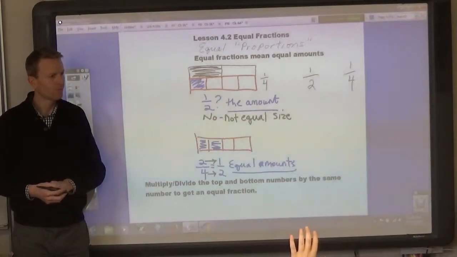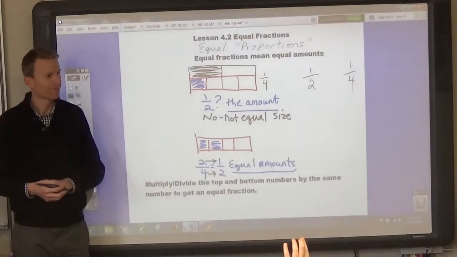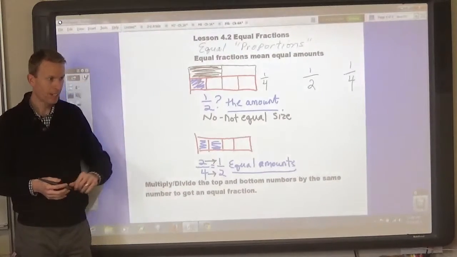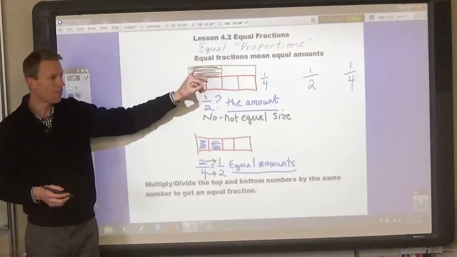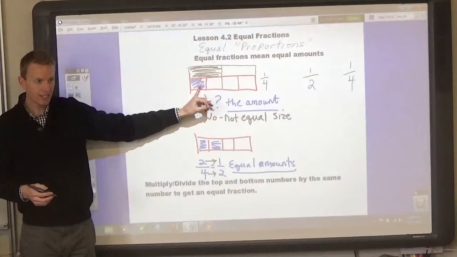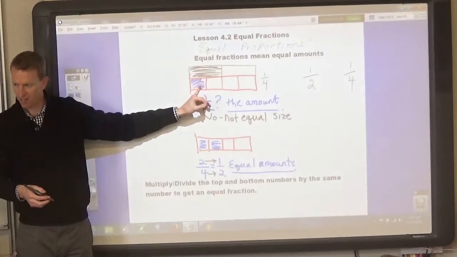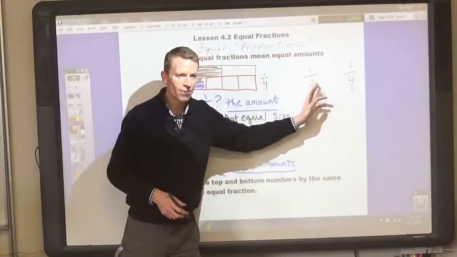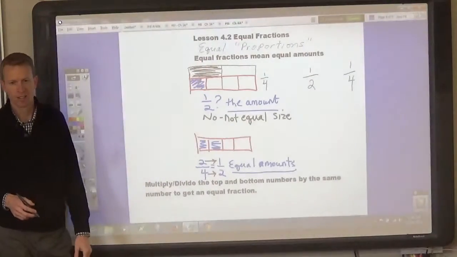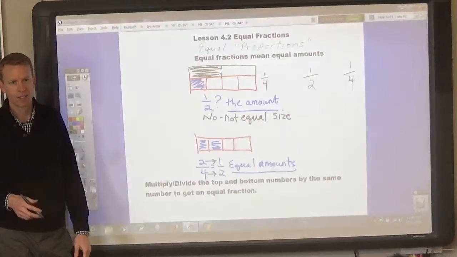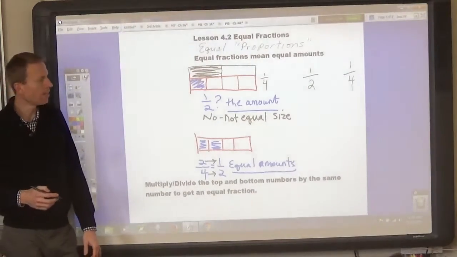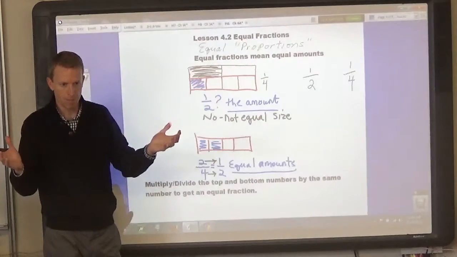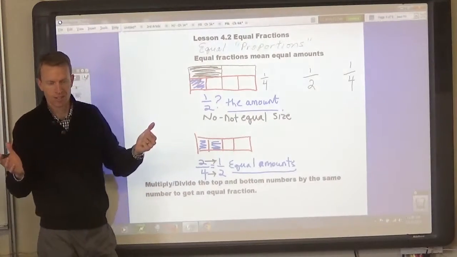The 1/2 is kind of bigger because on the 1/4 there's only one piece colored, and on the 1/2 half of it is colored. Half of it is colored, and so the size of the pieces are different, right? They both are one piece, but the size of the pieces are different, right? If the size of the pieces are different, then one of each cannot be the same amount, right?